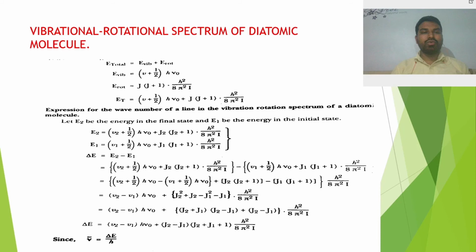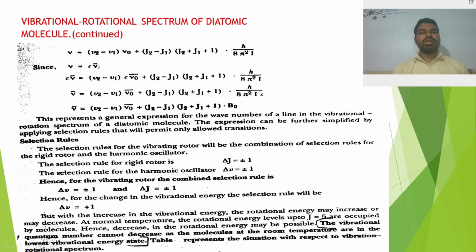Where ν is (ν2 − ν1)ν0 + (J2 − J1)(J2 + J1 + 1)h/8π²I. Since ν equals c ν bar, c ν bar will be (ν2 − ν1)c ν0 bar + (J2 − J1)(J2 + J1 + 1)h/8π²I.